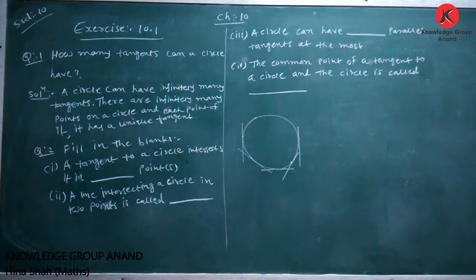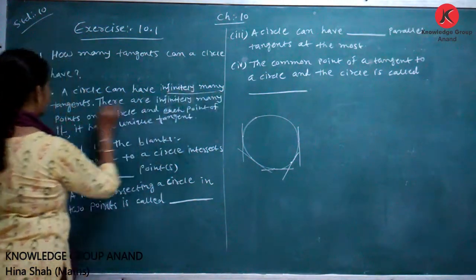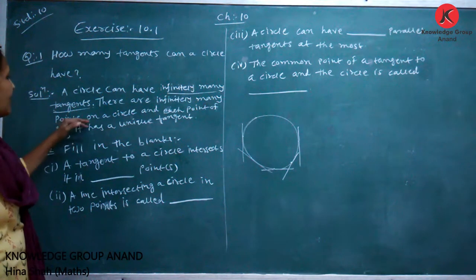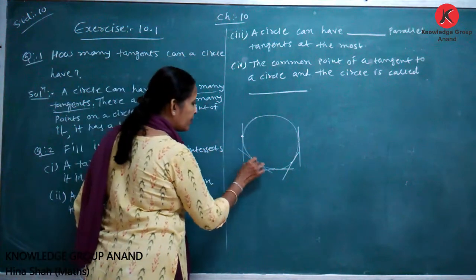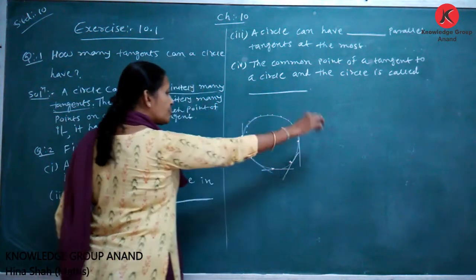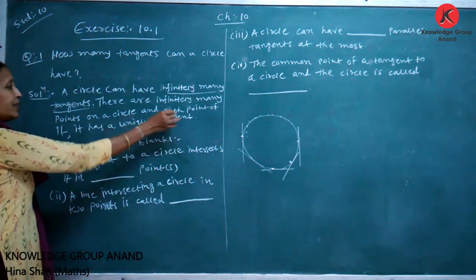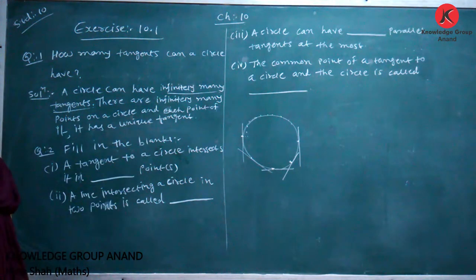How many tangents? Infinitely many tangents. There are infinitely many points on a circle, and each point of it has a unique tangent.